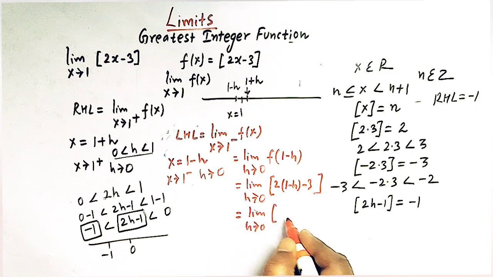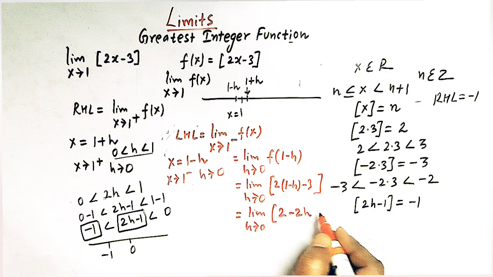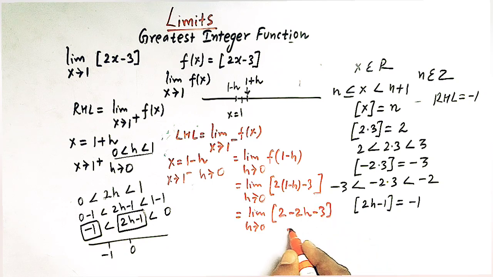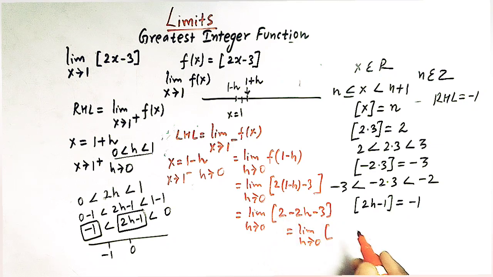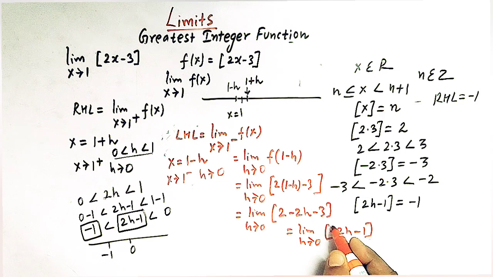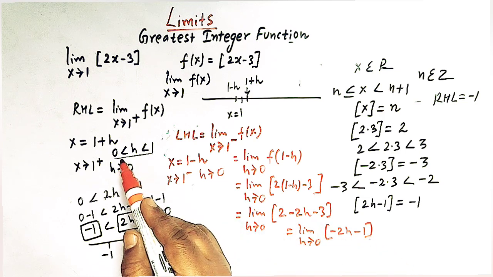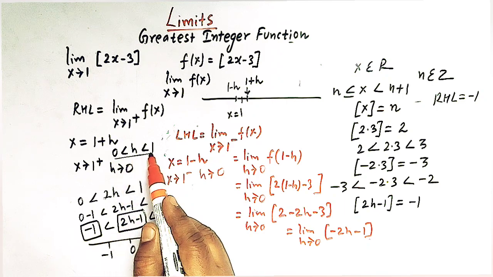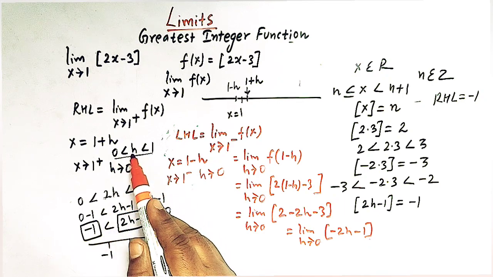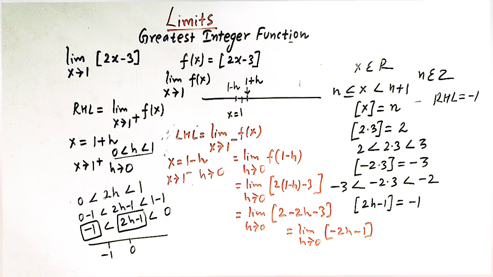So we have now 2 minus 2h minus 3, and this is the limit h tends to 0, and 2 minus 3 is minus 1, so we have minus 2h minus 1. Now our aim is to assign a value to greatest integer of minus 2h minus 1, again by using the inequality, that is h lying between 0 and 1.